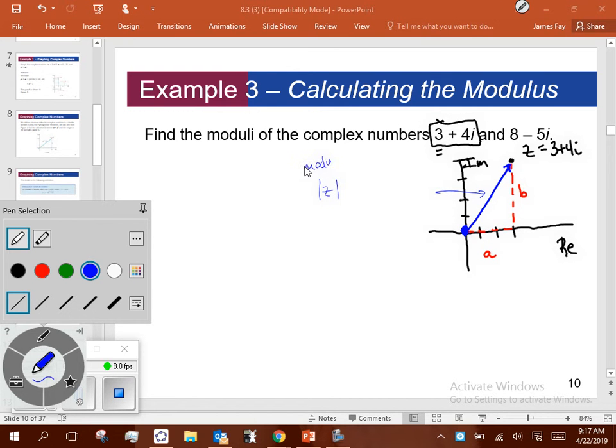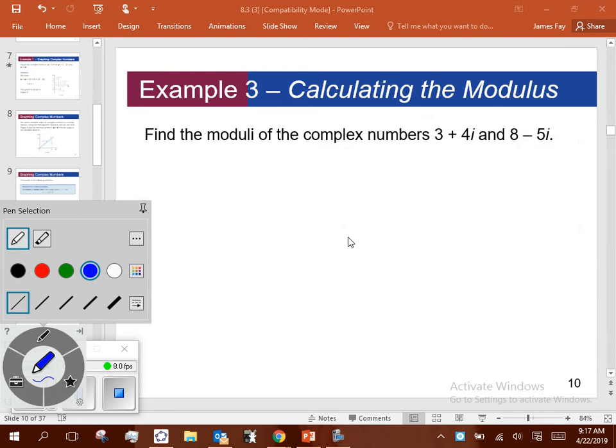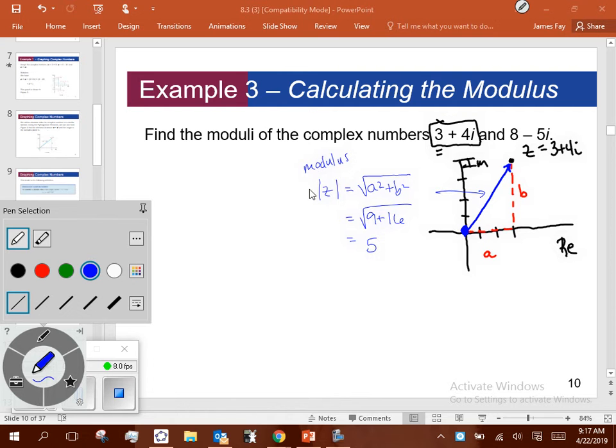which we call the modulus, okay, is equal to the square root of a squared plus b squared. In our specific situation, a was 3 and b is 4. So it should give me the modulus to be 5, right?